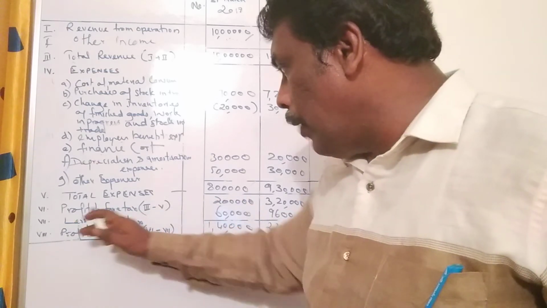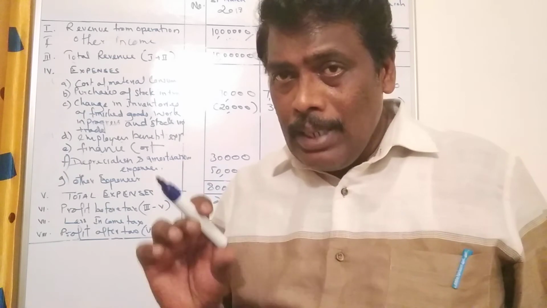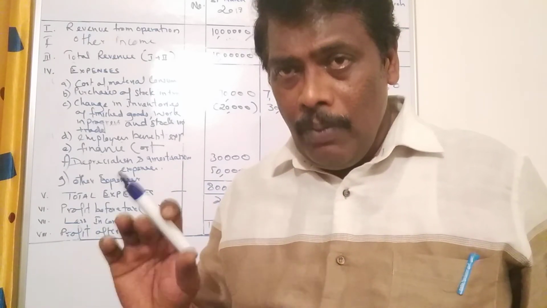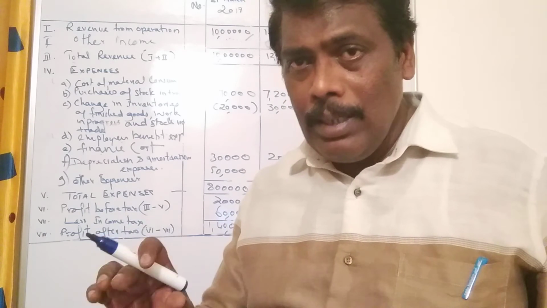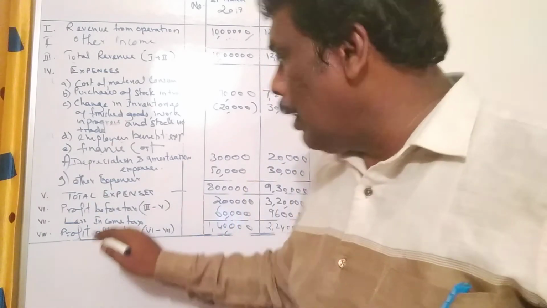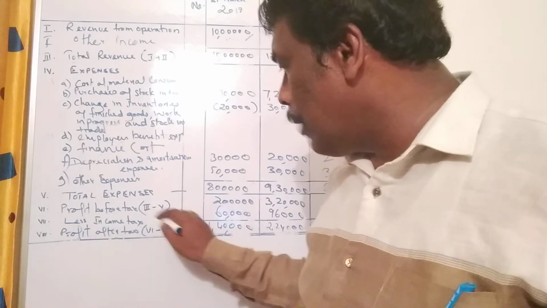This is profit before tax, because on this amount income tax is not deducted. That's why we recorded this head as profit before tax. Then if tax is given, that has to be subtracted. Less income tax.